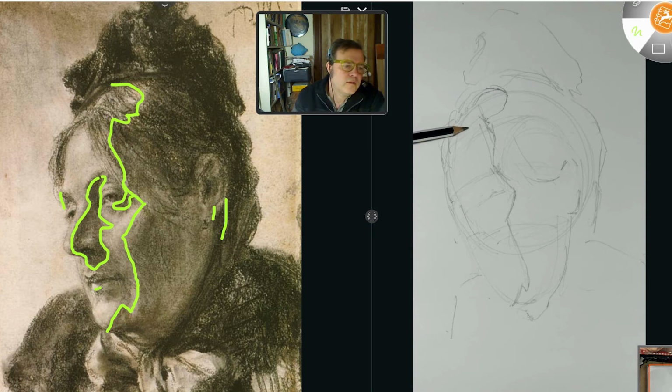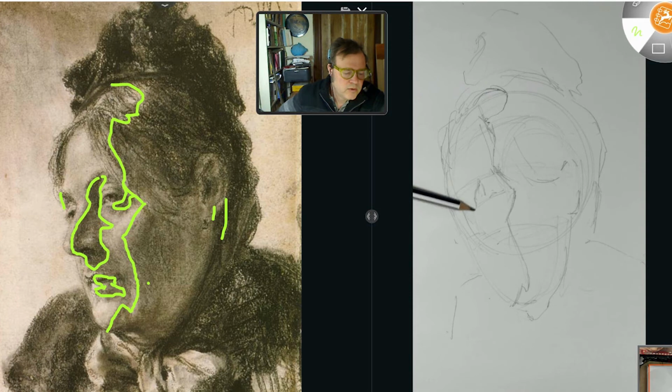And another small shadow shape down here around the mouth, including most of the bottom lip. It's very crude, but I've accounted for all the main shadow shapes now.